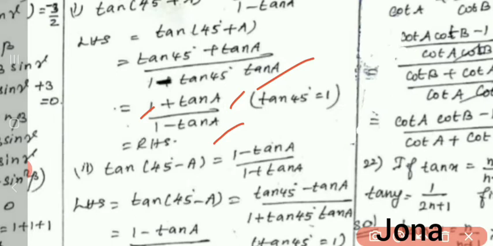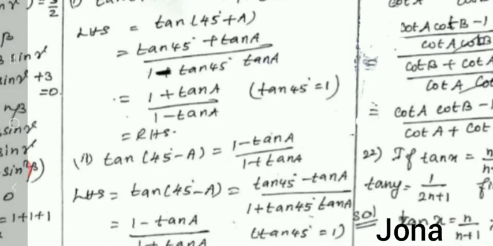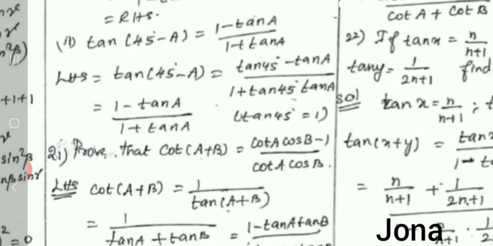For the second division, I want to find the value for tan of 45 degree minus a. Even here we can use the formula for tan of a minus b. Tan of a minus b is tan a minus tan b by 1 plus tan a tan b.